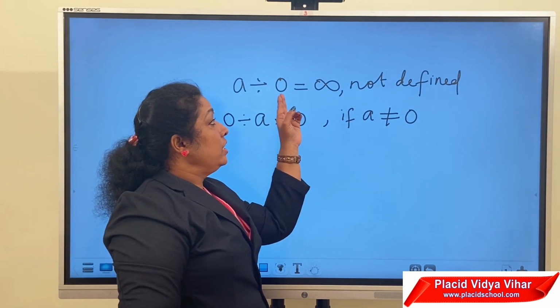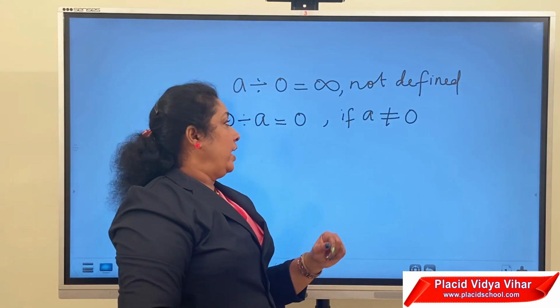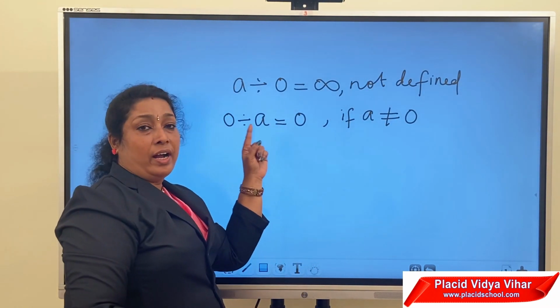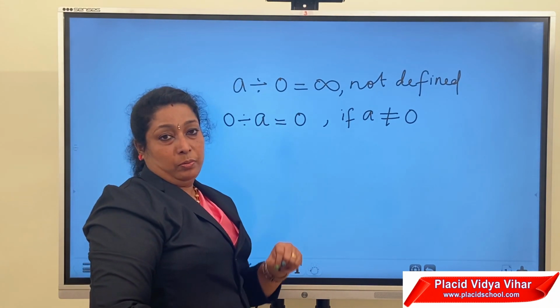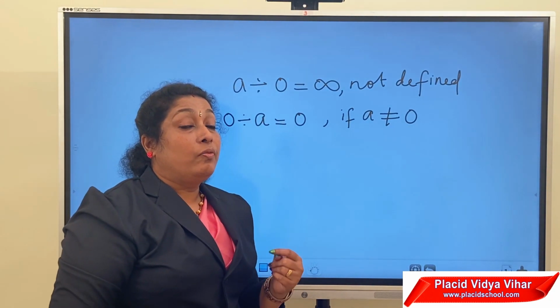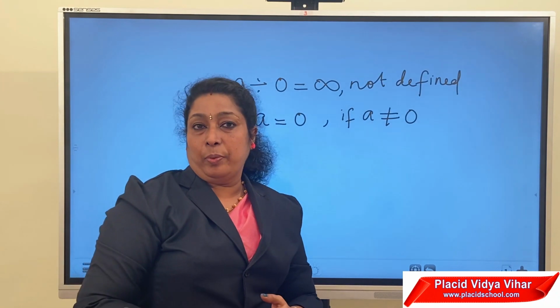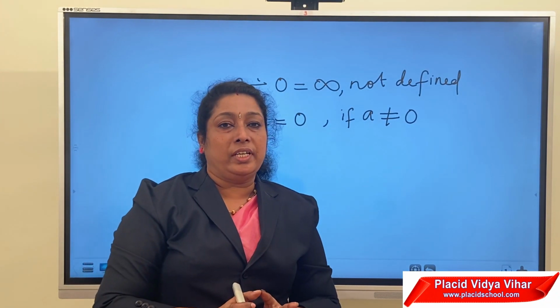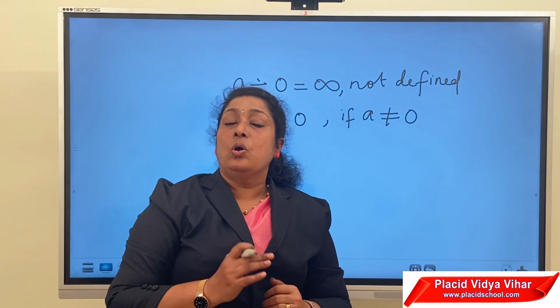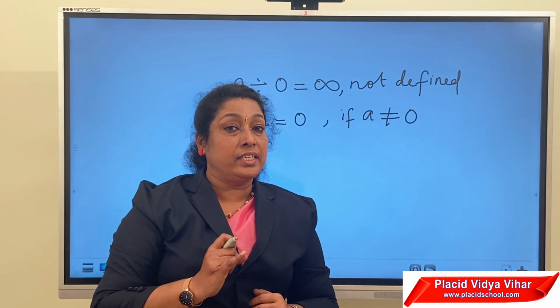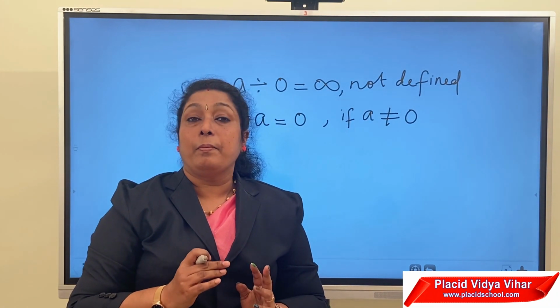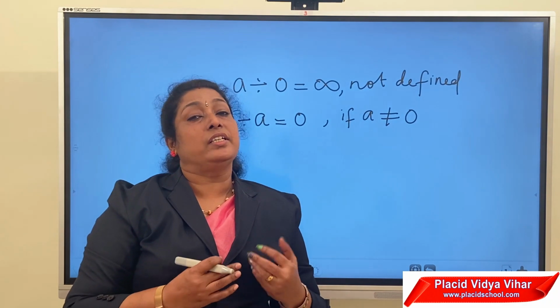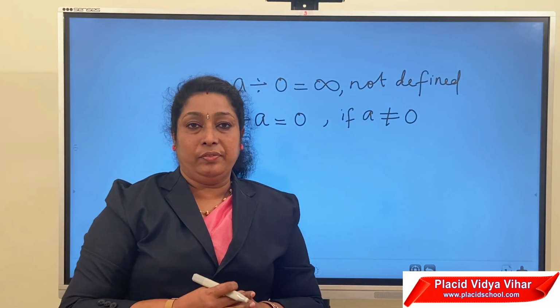Division of a number by 0 is not defined, and 0 divided by a number is 0. So, how can we conclude the closure property? Closure property is satisfied only for addition, subtraction and multiplication. It does not hold for division.